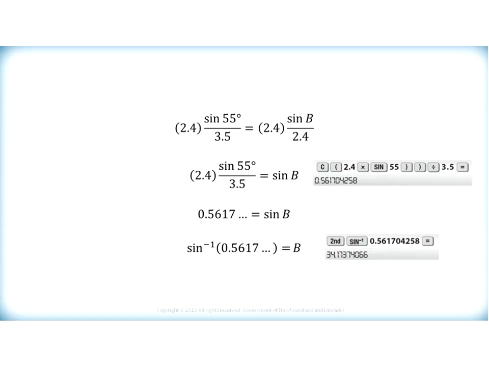So you'll activate that, type in the ratio, which is 0.5617 and a few other numbers, and that gives us a value of 34.17 and a bunch of other numbers. So that means that angle B, to the nearest degree, is going to be 34 degrees, because the first decimal number is 1. When we have a 1, we round down, or in other words, keep the angle where it is. So angle B in this case is 34 degrees.